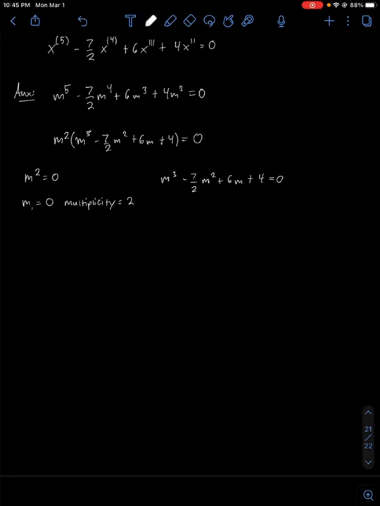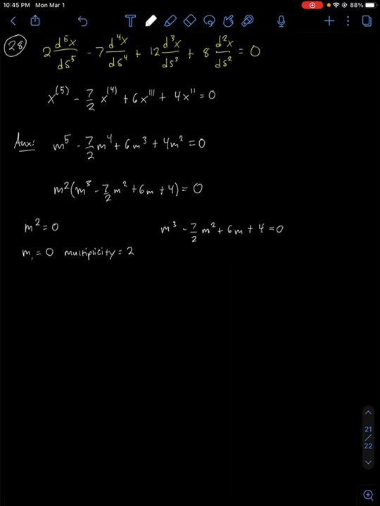What problem is this? 2 d to the 5 minus 7, 8, 2.